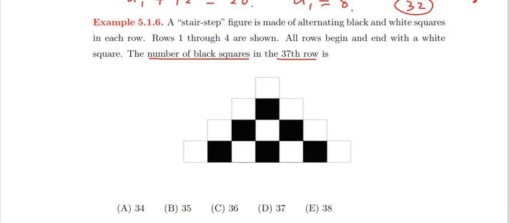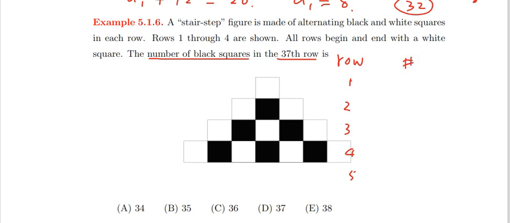So here we just try to find a relationship. Suppose there's a first one, a second one, a third row, a fourth row, and the fifth row. So here we just check the relationship between the row and the number of black.